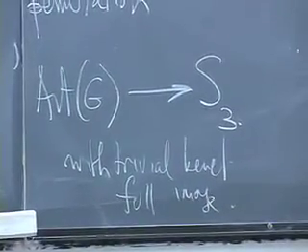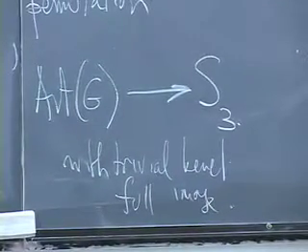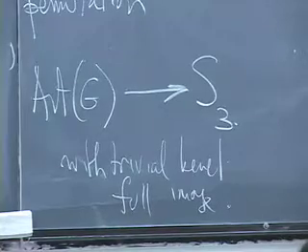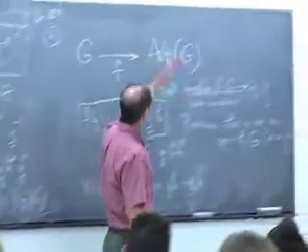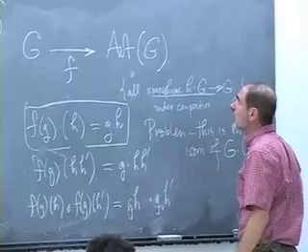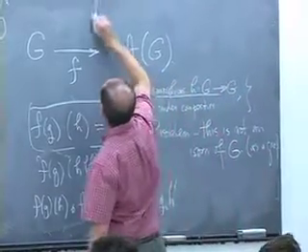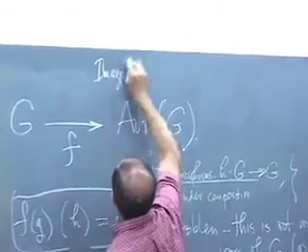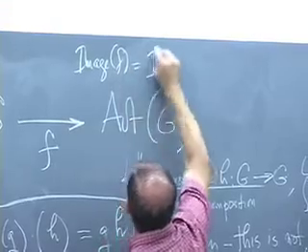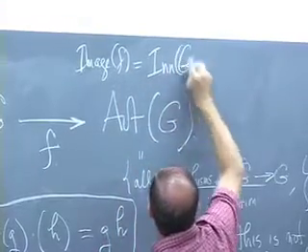So here we have a group, the Klein 4 group, where the image in Aut G is trivial, but the automorphism group is large. So this map need not be either an injection or a surjection. And the image of f is called the inner automorphism group of G. It gets its own name.